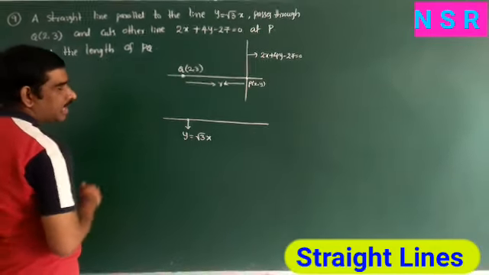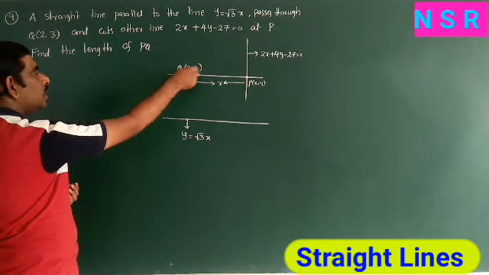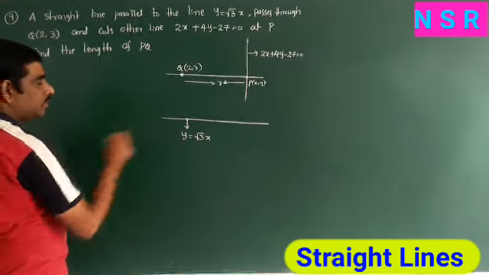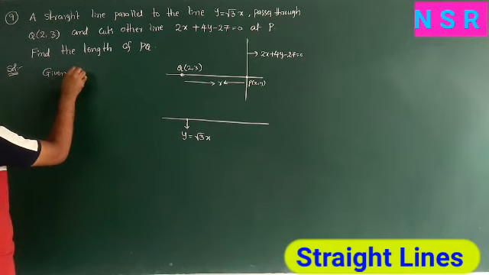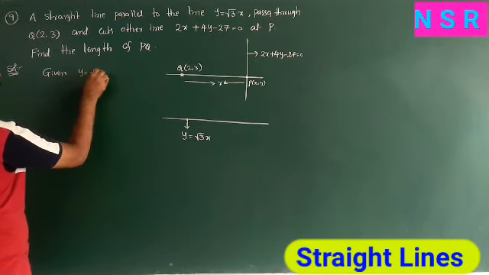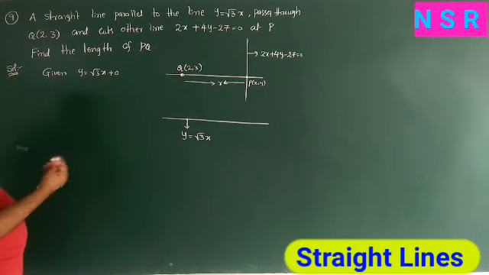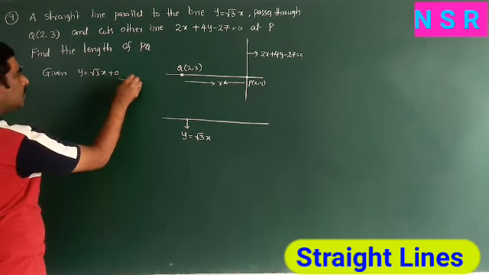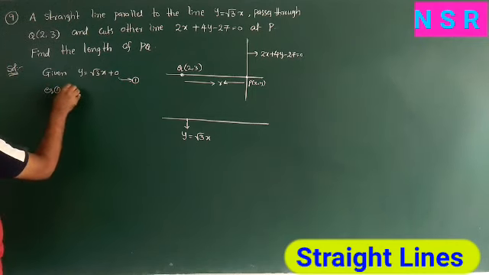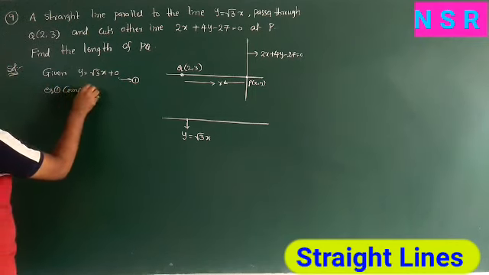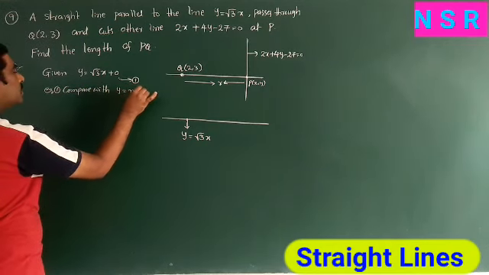By using this line, find the slope. These two lines are parallel, so automatically the slope of this line is also equal to the slope of that line. Here given y equal to root 3x, here plus 0, add 0, the value cannot change, take it as equation number 1. Equation 1 compare with y equal to mx plus c.